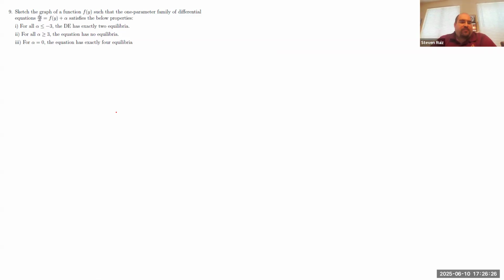But I'll try to explain what the key features of it are. So if we look at the structure we're given here, dy/dt equals f of y plus alpha.